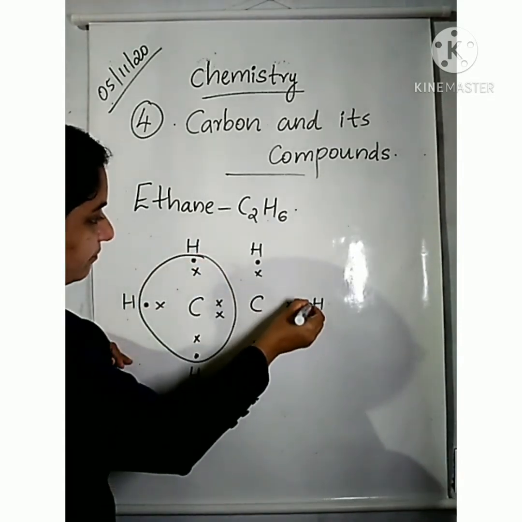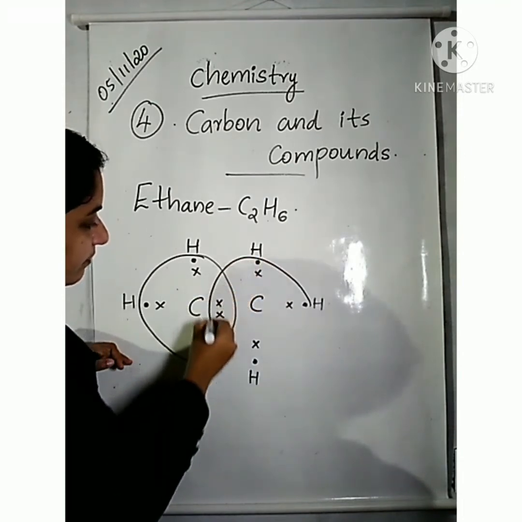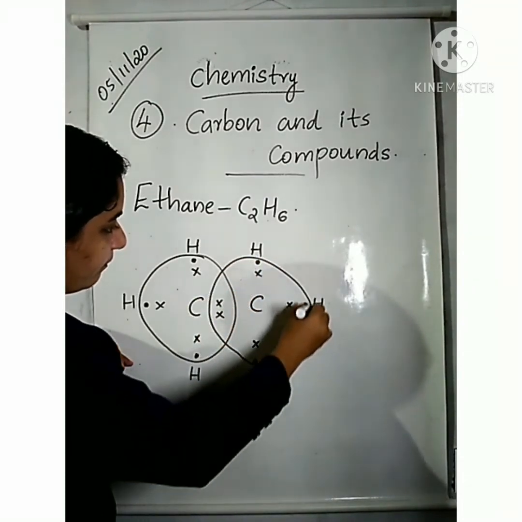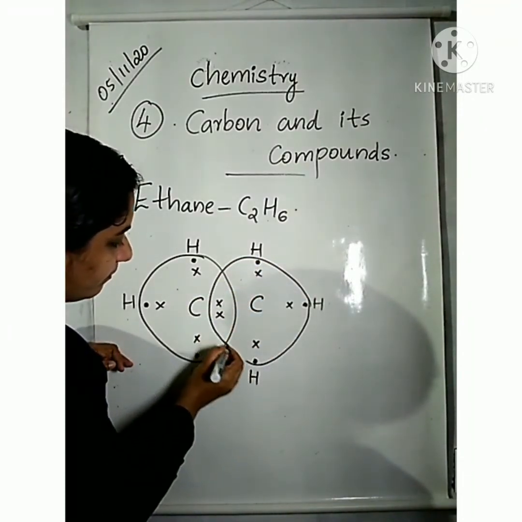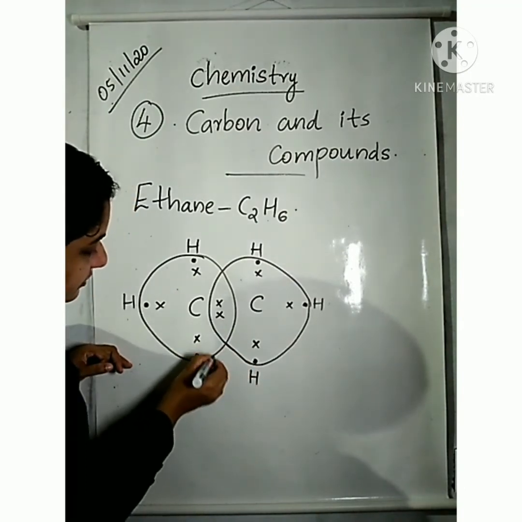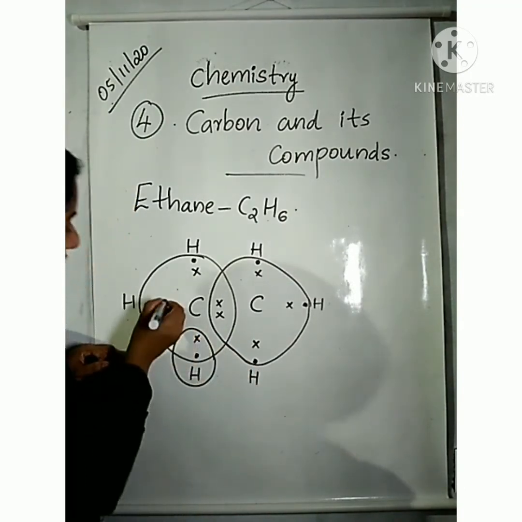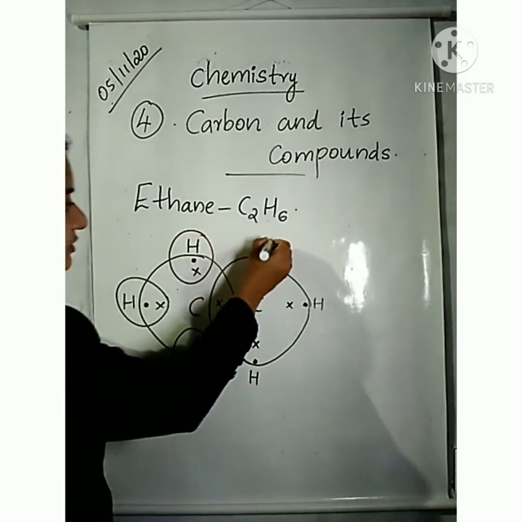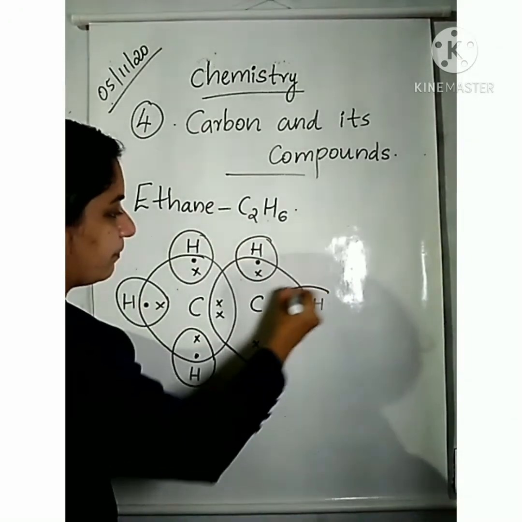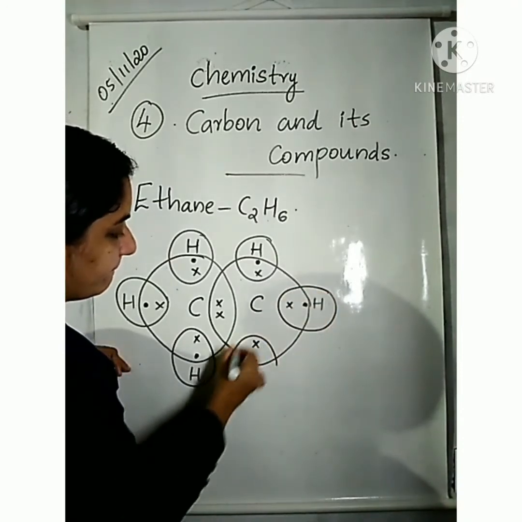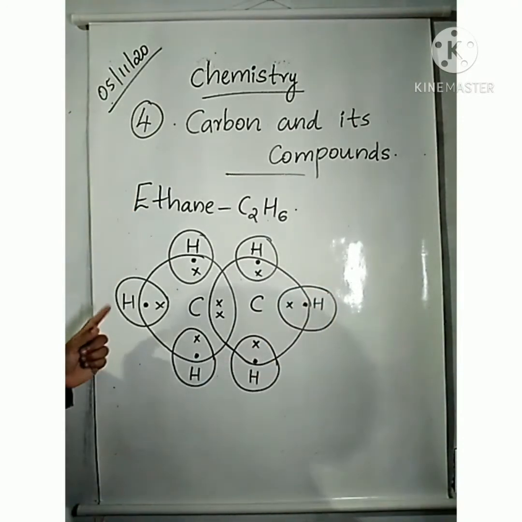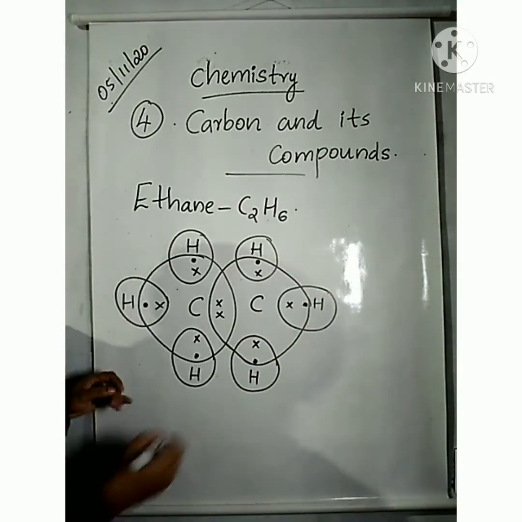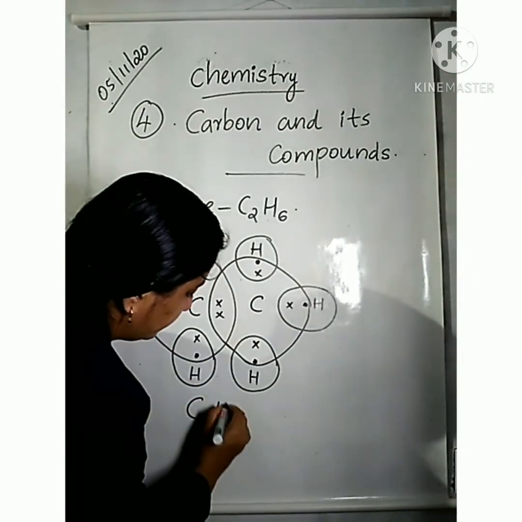Okay. Then draw each circle around these ones. This is the electron dot structure of ethane, C2H6.